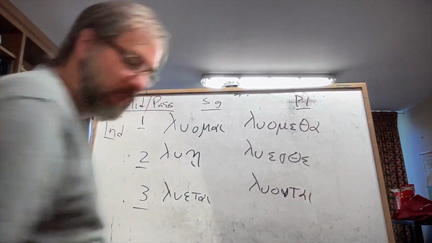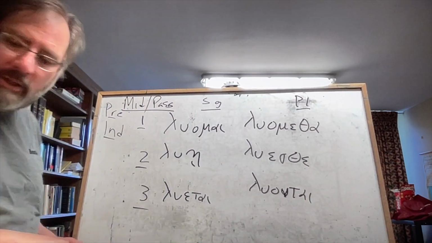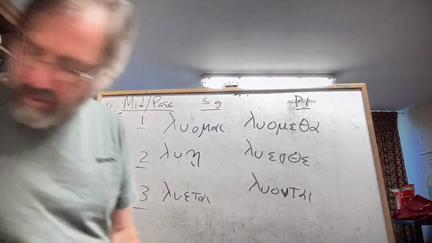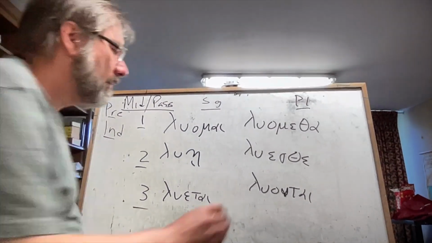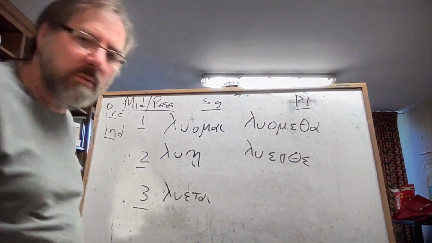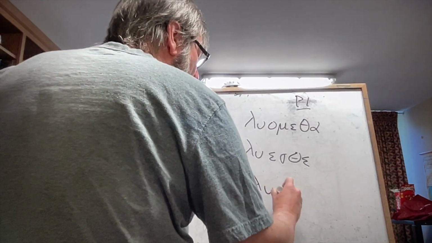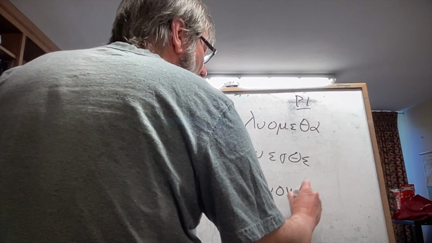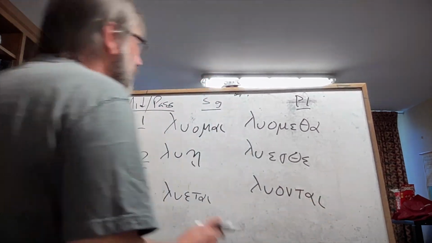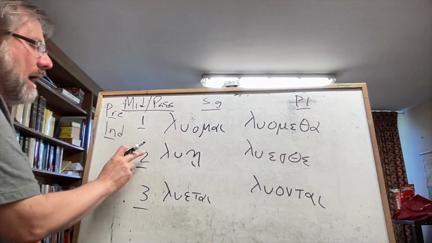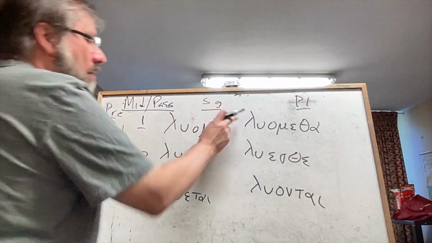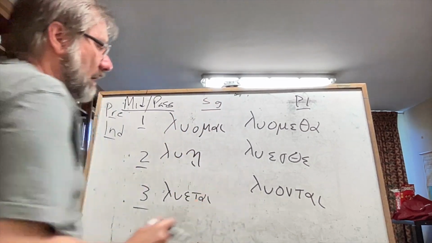I'm going to erase that and write it out better, okay? Here we go. Okay, so I'm going to do that better. Luontai. Okay. Luomai, luei, luetai, luometha, luesthe, luontai.